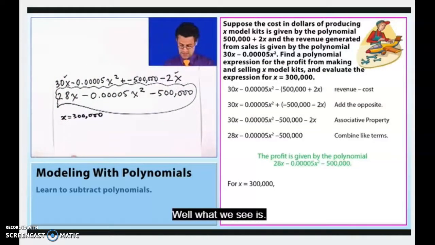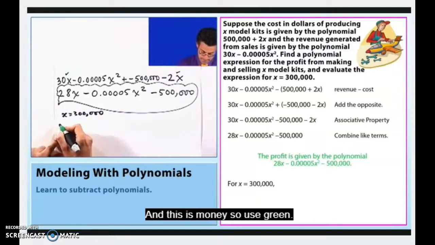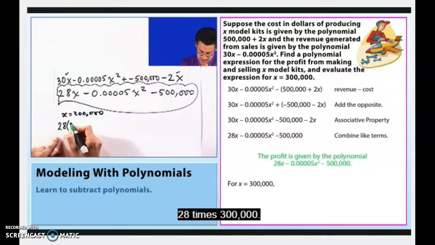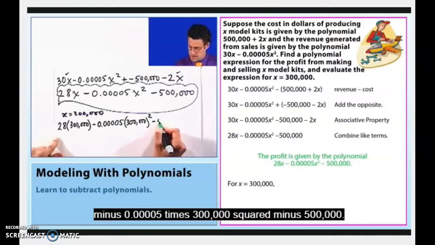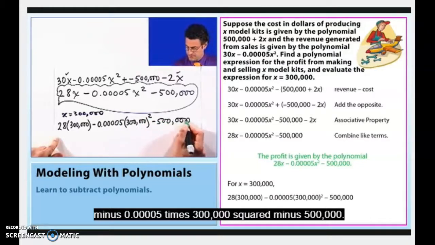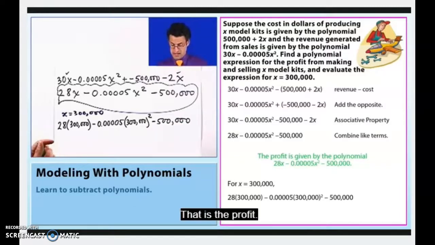Well, this is money, so we use green. 28 times 300,000 minus 0.00005 times 300,000 squared minus 500,000. And that represents the amount of dollars that is the profit.